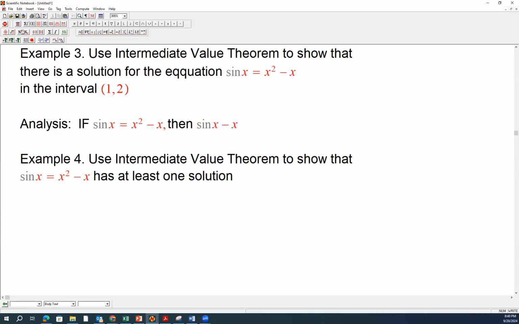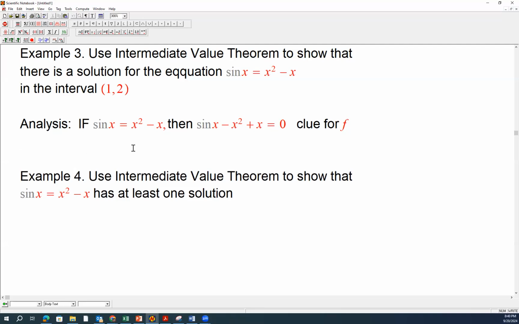You can move things to the other side if you want to. So this is the clue for f, for the function. All right? So our function is found. Our function is going to be sine x minus x squared plus x. Interval is given.